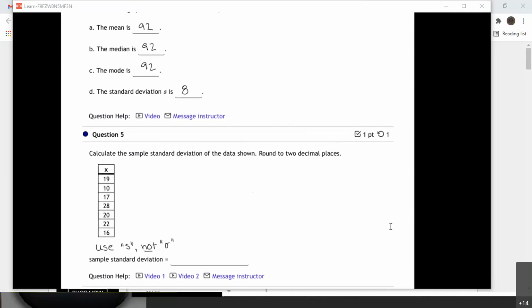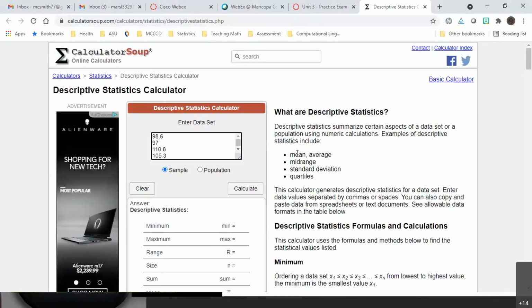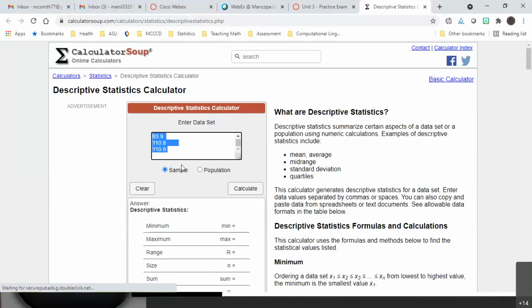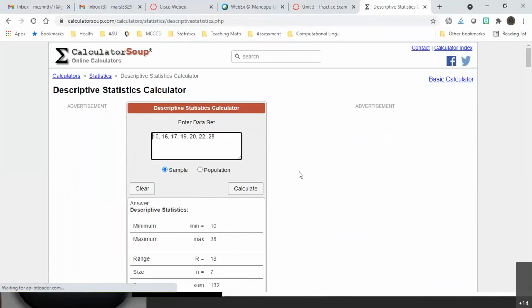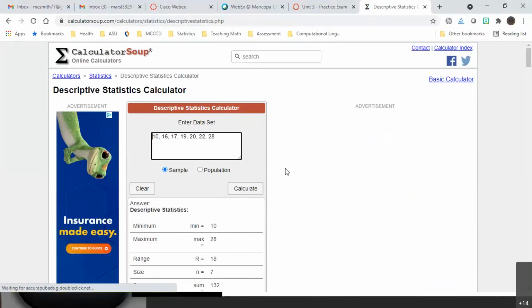If I do this on the online calculator, it's a lot clearer because it actually tells me sample standard deviation. So if I put my numbers in here, I've got 19, 10, 17, 28, 20, 22, and 16. I'm clicking sample and I'm clicking calculate. And I'm just checking, I've got 7 scores.